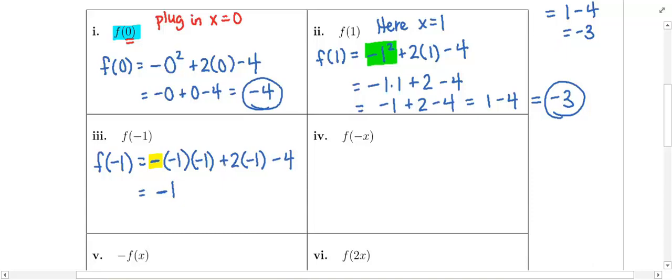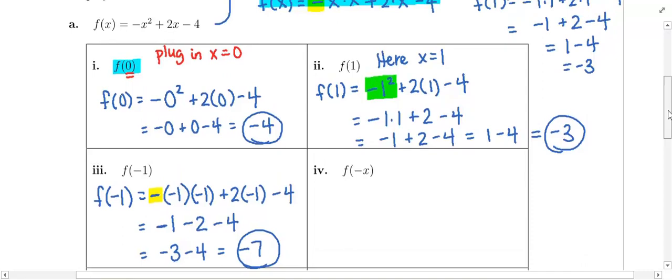Plus 2 times negative 1, that's going to be negative 2, minus 4. Order of operations, we're subtracting everywhere, so we just go from left to right. Negative 1 minus 2 is negative 3, minus 4 is going to give you negative 7. That's the final answer. Okay, let's try the next one, part 4.